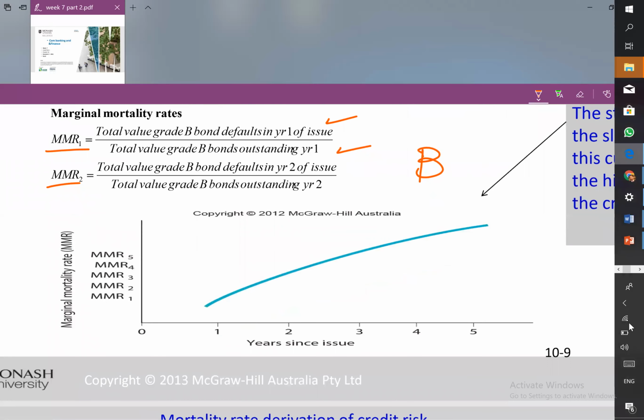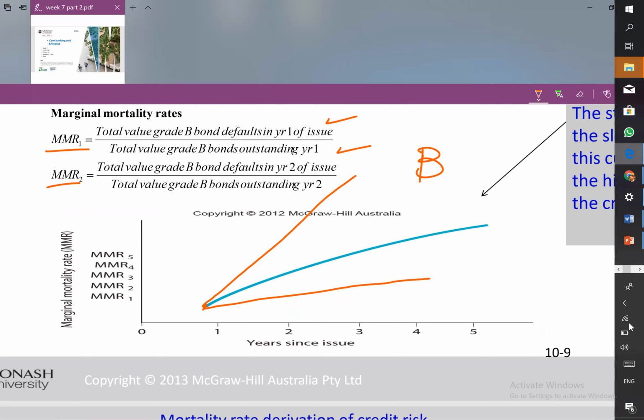Here, for example, in year one, if it goes like this, it is very risky, or like this, it's very steep. If it is steeper, the risk is higher; if it is less steep, the risk is less.